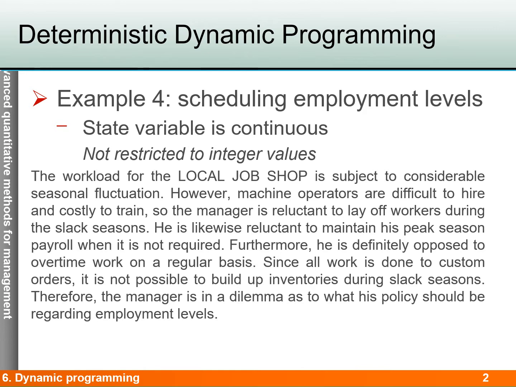Therefore, the manager is in a dilemma as to what his policy should be regarding employment levels. So, the manager is interested to know what number of workers he should have following the seasons: spring, summer, autumn, and winter. Let's go to the next slide to complete this explanation.